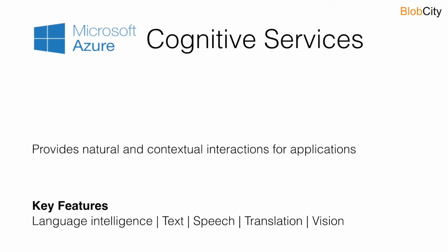Microsoft Azure Cognitive Services is an API-based hosted service that can provide natural and contextual interaction capabilities to your applications. Underneath are powerful machine learning algorithms capable of augmenting the user's experience. The service works at real-time speed and offers several capabilities.